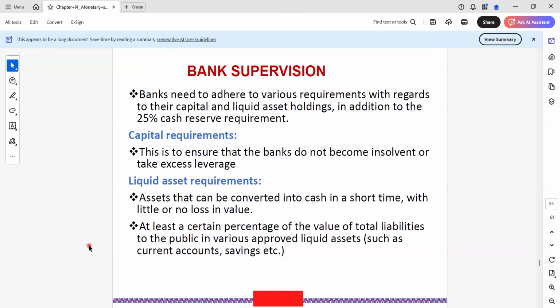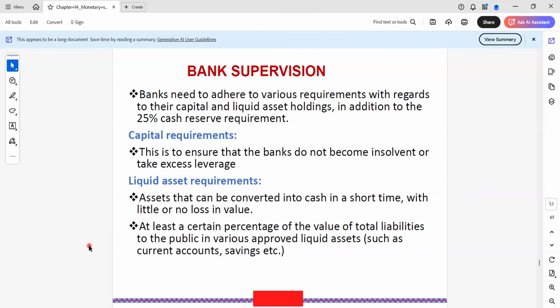So the capital requirement is there to help them not become insolvent, right? As a bank, you need to have assets that you own so that if things happen, you are able to pay back your clients, give them back their money.